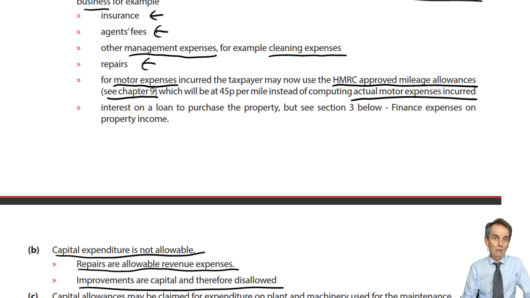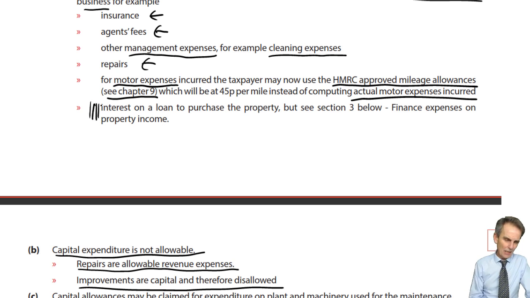They've now adopted for property income that same level of 45 pence per mile. In any exam question, you'd be told how many such miles had been done, times 45p, and that would be the allowable deduction to go against your rental income received.